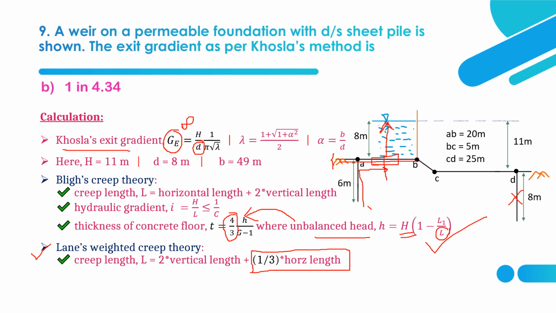What that directly means is, if there is no downstream pile, there will be infinite exit gradient. That is, we have to construct a downstream pile in order to lessen Khosla's exit gradient. So a downstream pile is a must in case of Khosla's creep theory.